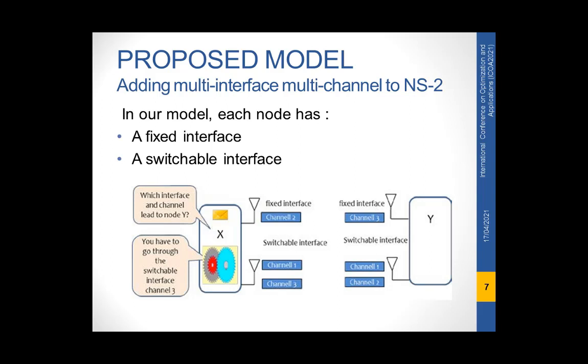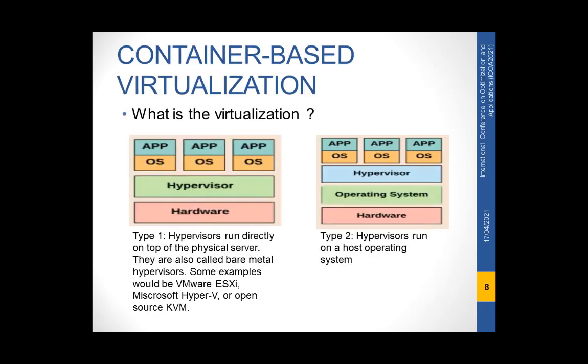The rules of node transmission in this new architecture are as follows. If node X wants to transfer data to node Y on channel 3, the switchable interface of X is switched to channel 3 before transferring data to node Y. If the switchable interface of X is already on channel 3, there is no interface switching.